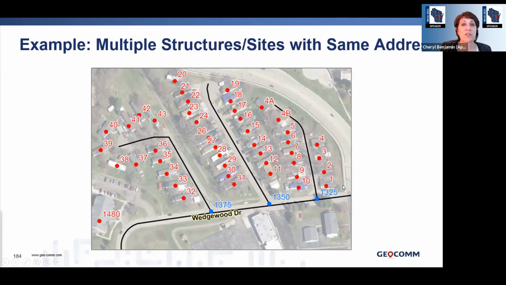We created a point at the beginning of each driveway as an access point with the main number. In this example, this would be address 13575 Wedgewood Drive, unit 32, unit 33, etc. So that gets folks at least to the correct driveways so they can quickly respond to those points and addresses that are there.